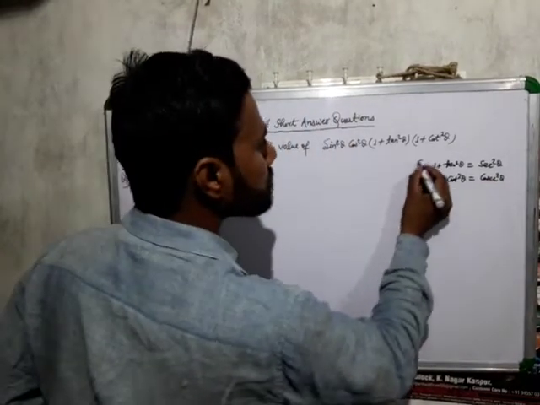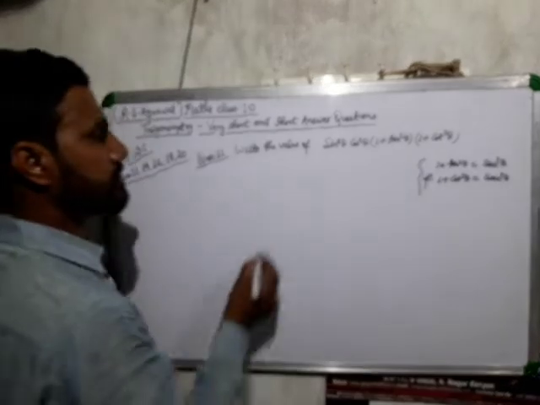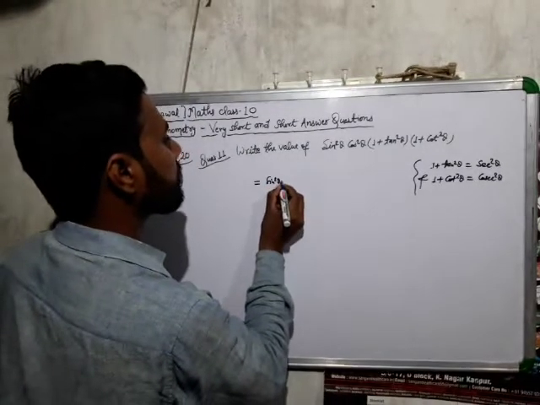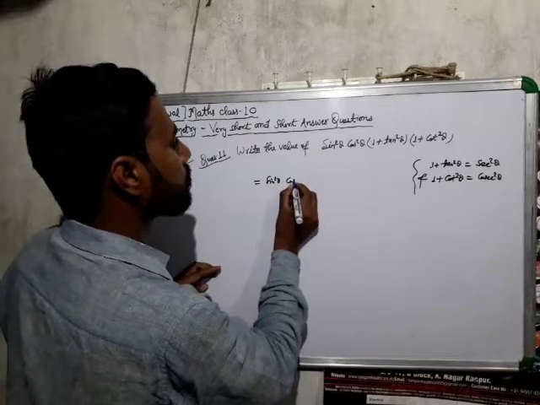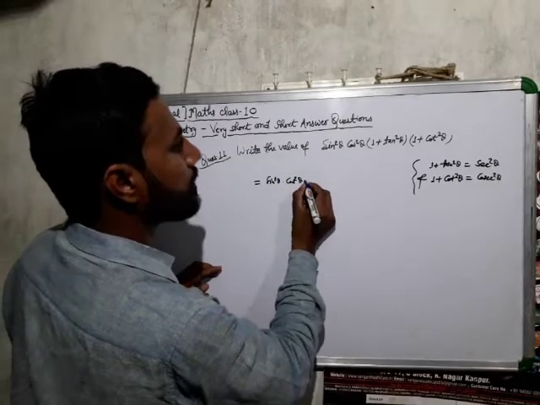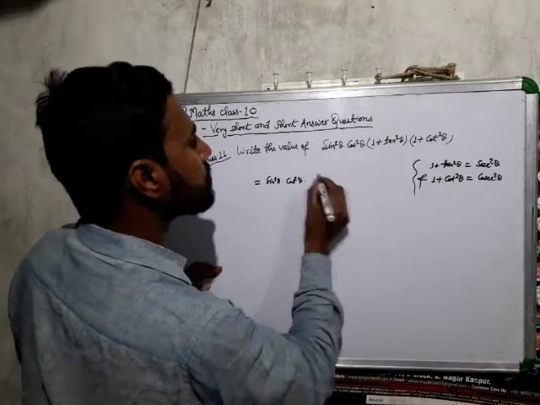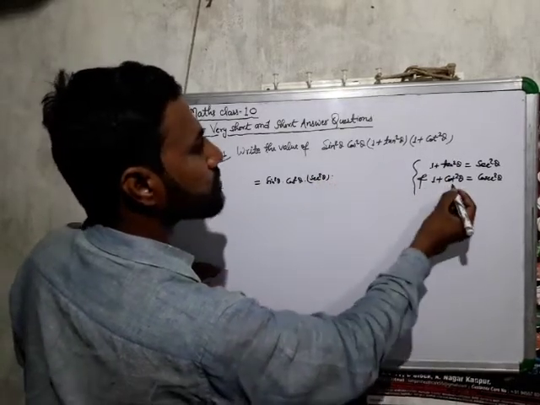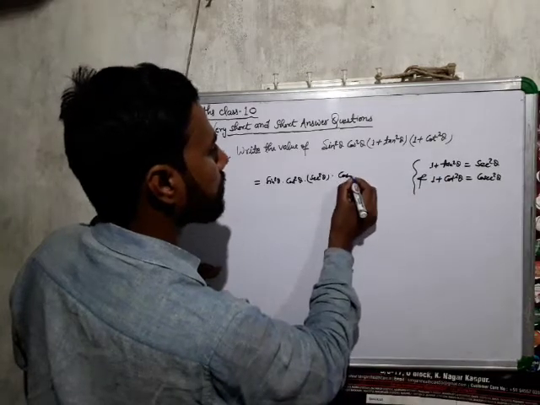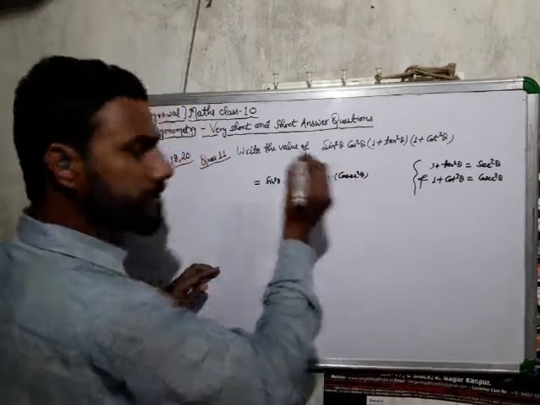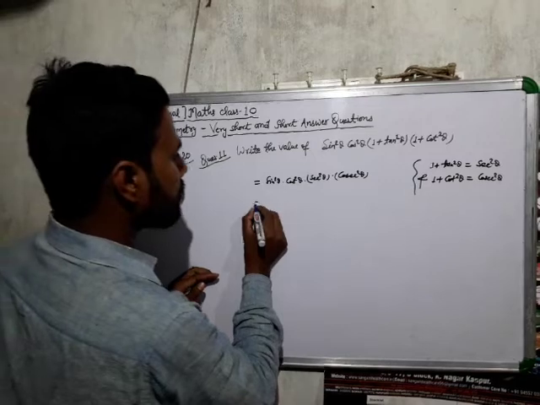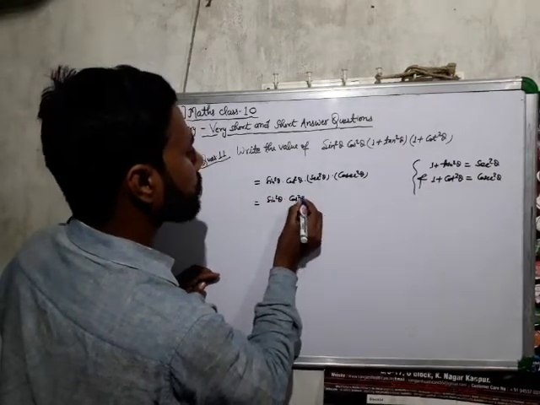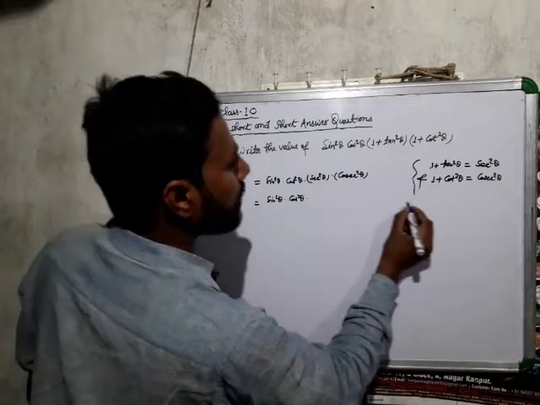Putting these values in the above equation, it is equal to sin square theta into cos square theta into sec square theta into cosec square theta. Clear?